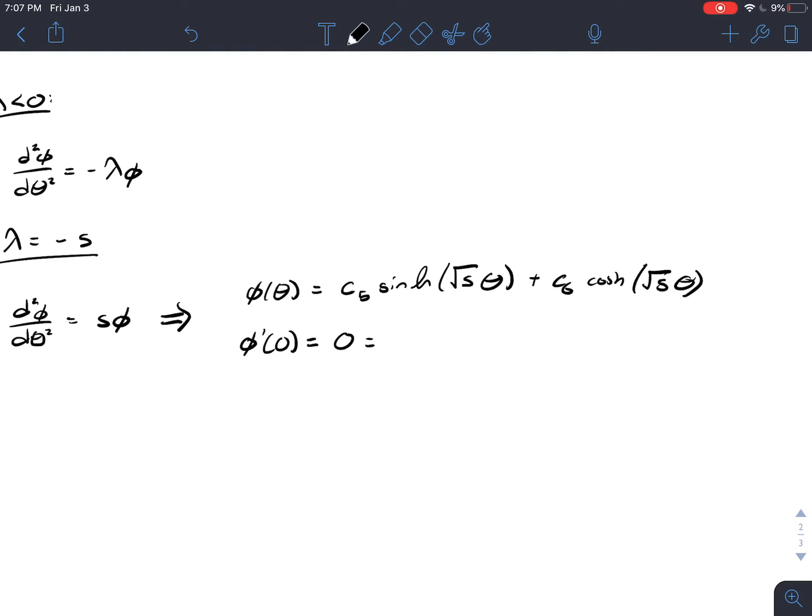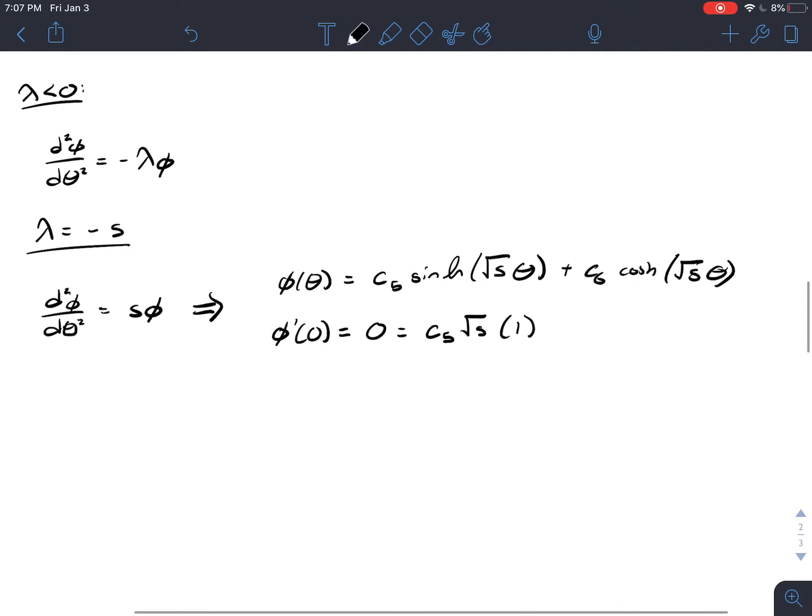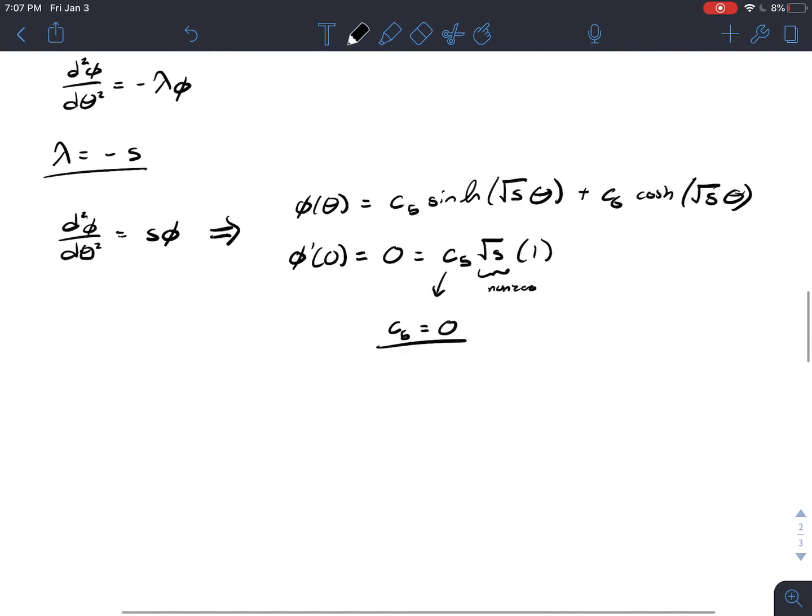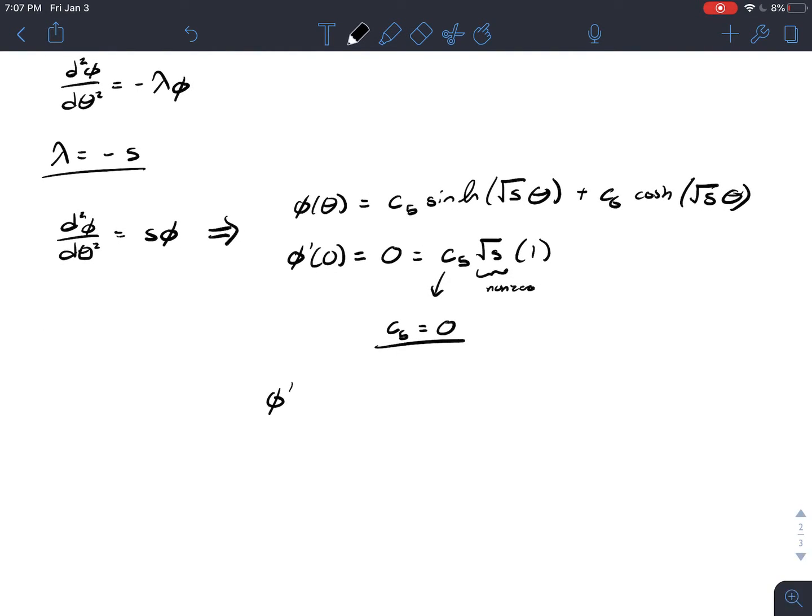This tells us that if we take the derivative of the equation above, we're going to get c5 square root s times 1, because cosh at 0 is just 1, and because s is non-zero, c5 must be 0. Cool.